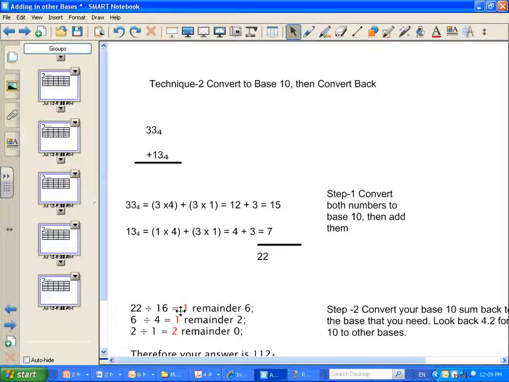But 4 squared, which equals 16, is small enough to start dividing. And once you do, 16 goes into 22 one time with a remainder of 6. Now you take that 6 and divide it by the next lowest exponent of 4, which is 4 to the first. You get one time, remainder of 2.